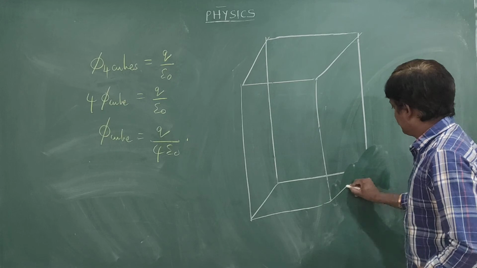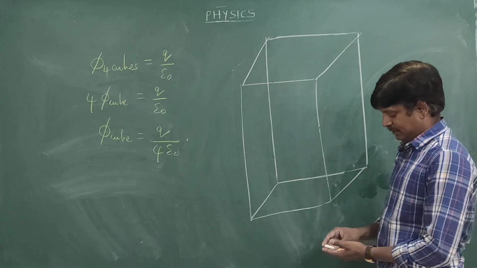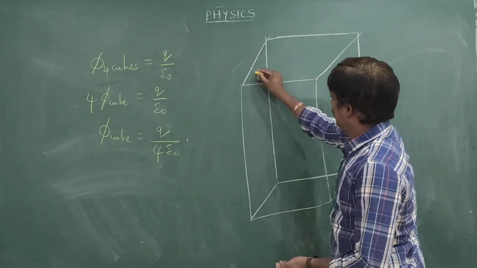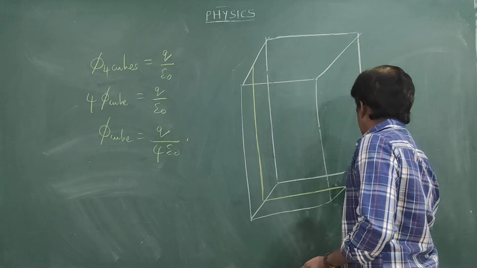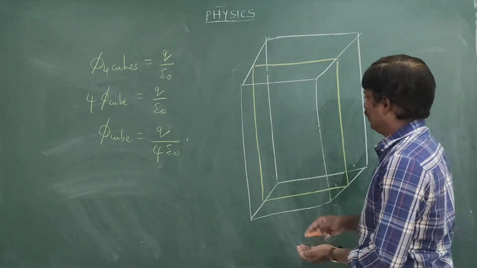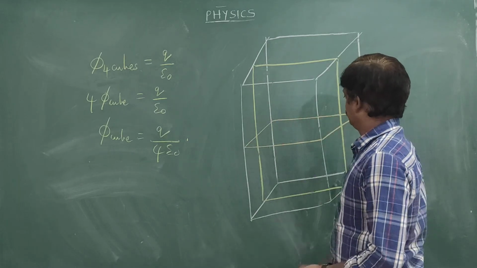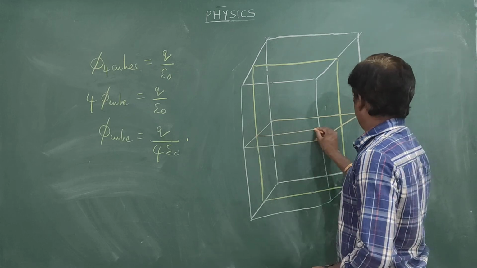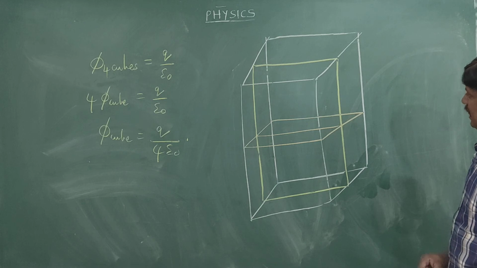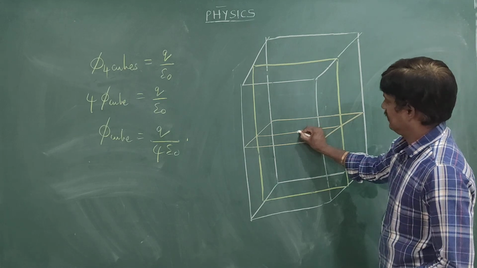My diagram may not be exactly correct, but you can understand the picture. Then you draw another line like this, and you join them like this. So roughly, we can have a total 4 cubes, and the charge is exactly here.